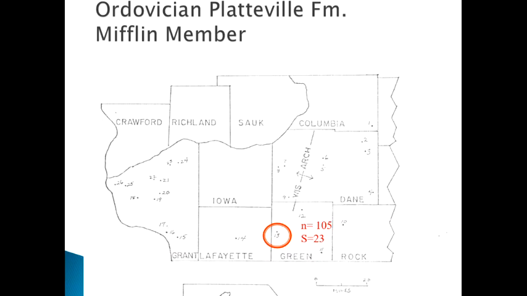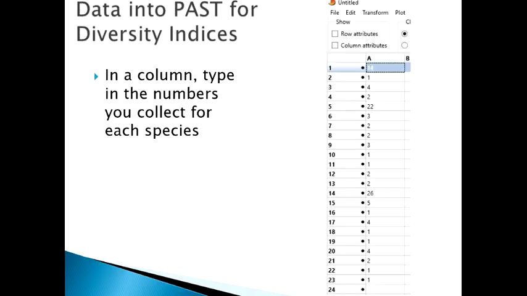Now, if you take her data from her thesis, every one of these things has counts of species in different places. And so for her locality 13, she had 23 species from 105 individuals counted. And if I just take that data from her thesis, how I get the diversity indices in PAST, you simply type in the numbers of things that she found here.